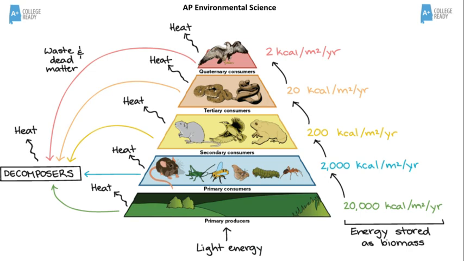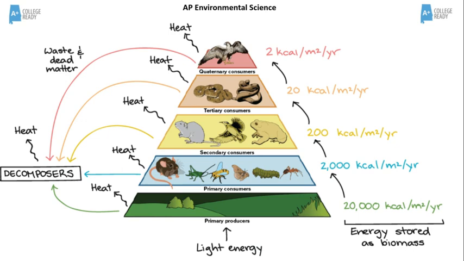The producers. Which trophic level has the least energy stored in its tissues? The quaternary consumers. Notice that each successive trophic level has 10% of the energy from the previous trophic level stored in its tissues. Where did the other 90% of that energy go? Look at the left side of the pyramid.